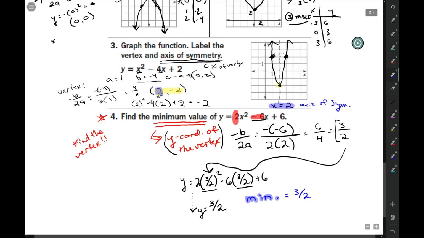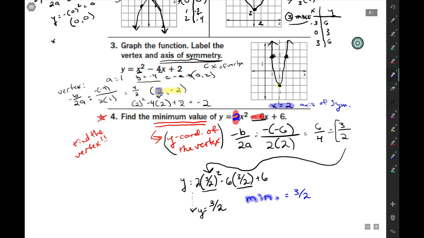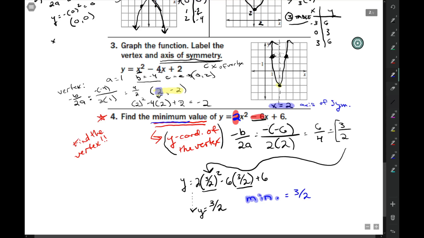Now, why is it a minimum? Well, notice that our graph is opening upwards. It's a +2, meaning that it opens up. Okay, so that's the minimum 3/2, again, from the y equals. It is the same as x, so it might be hard to see, but the minimum is the y of the vertex. Okay, easy peasy, really.